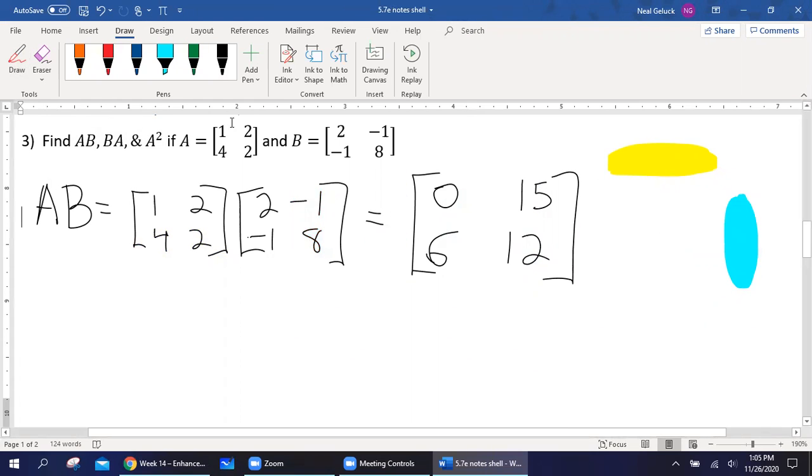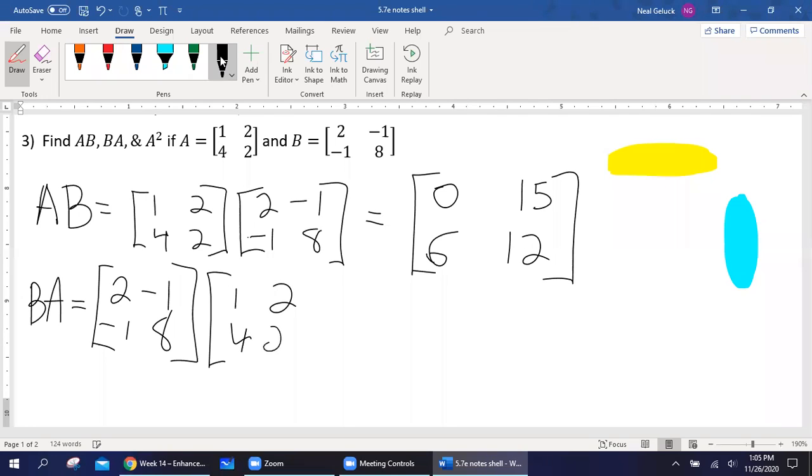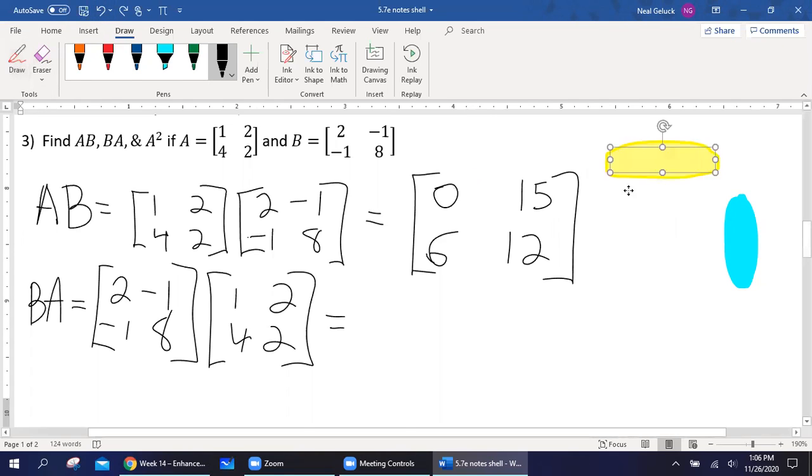I'm going to multiply B times A. Again, write it out. So matrix B, 2, -1, -1, 8. Matrix A, 1, 2, 4, 2. For the first matrix, I only use its rows.